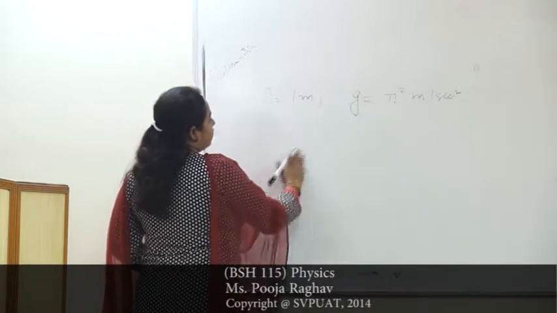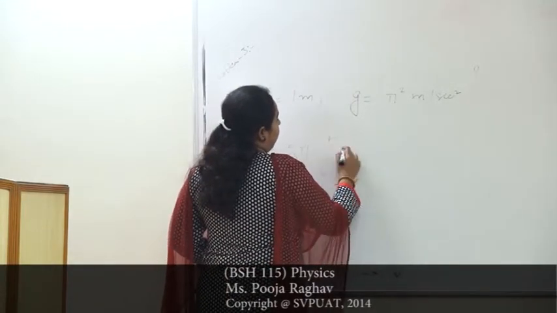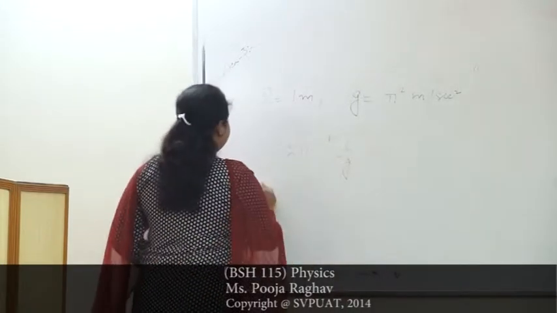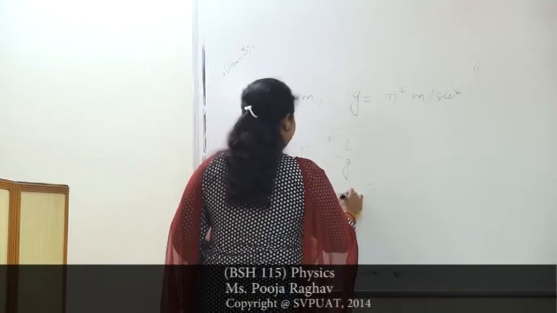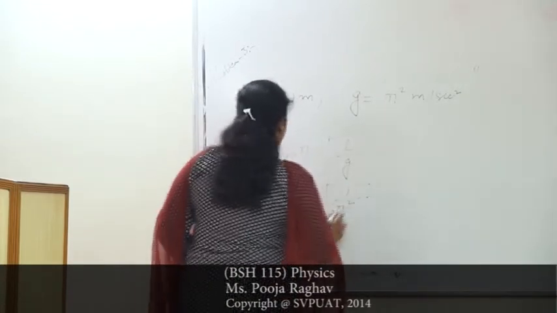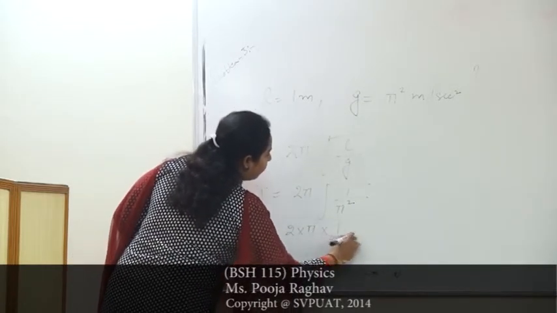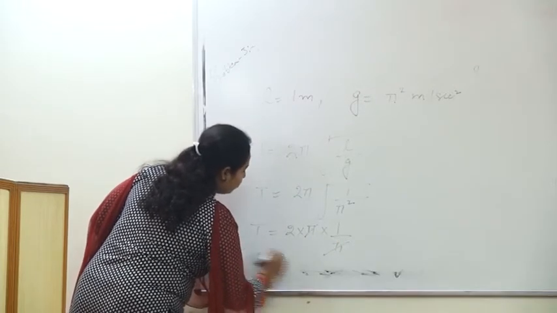The formula is T equals 2 pi under root L upon g. T equals 2 pi under root 1 upon pi square, that is 2 pi into 1 upon pi. Pi cancels out, T equals 2 second.